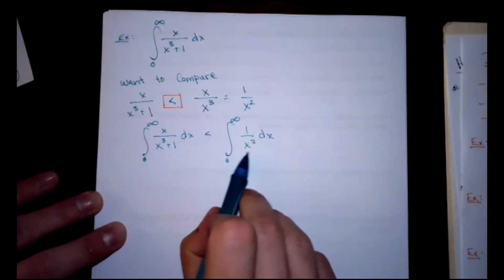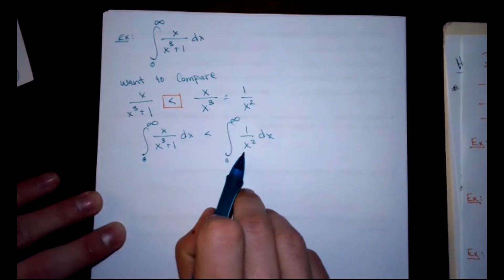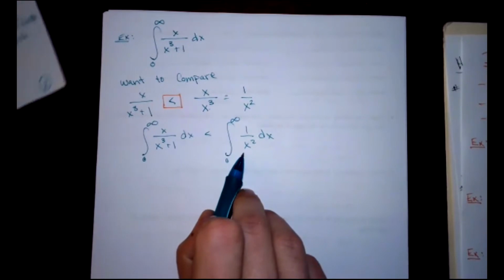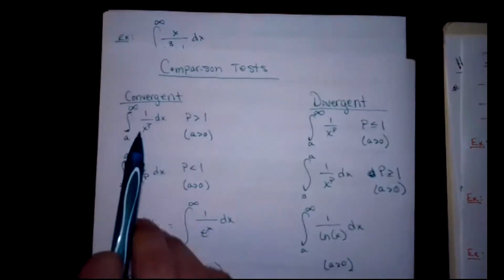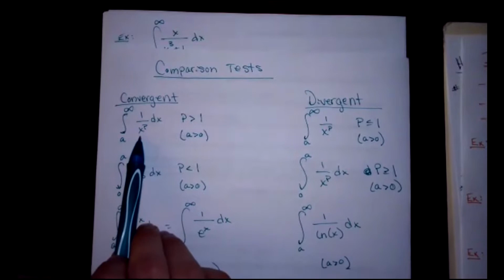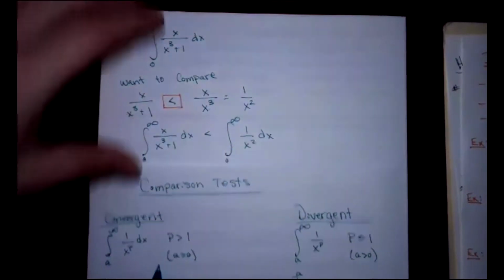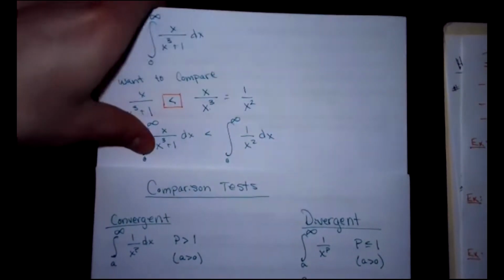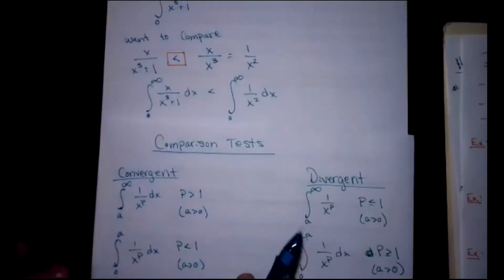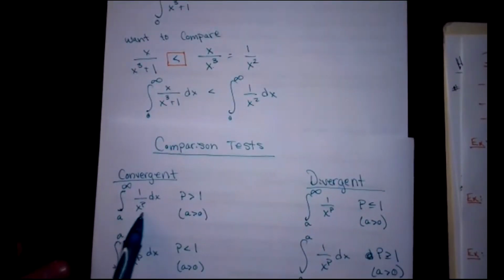Do I know that this guy converges? It actually diverges. And why is that? While the part going out to infinity, let's try to keep that all on screen if you guys can see it, the part going out to infinity is going to converge. However, the part at 0 is going to diverge. So we just got to be careful with this.